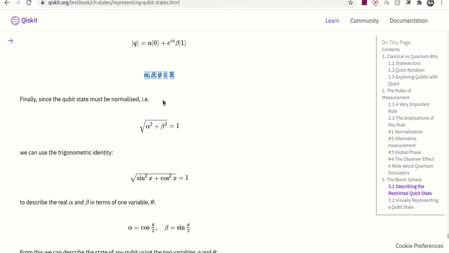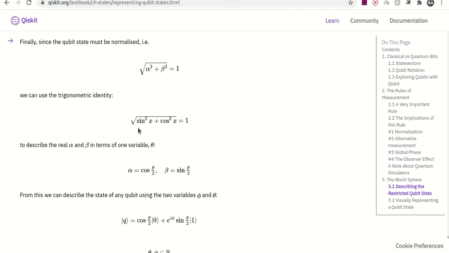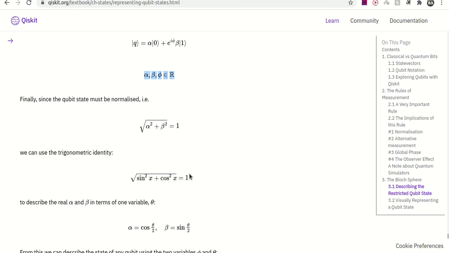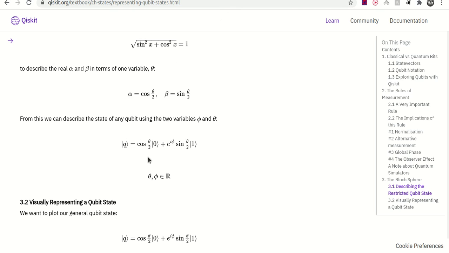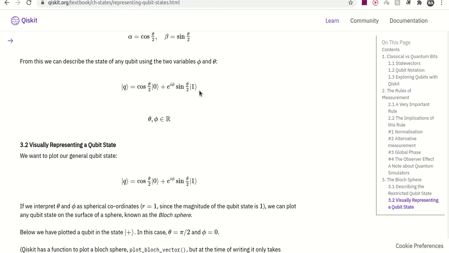Since the qubit state is normalized, alpha square plus beta square is 1, and we use the trigonometric identity sine square x plus cos square x equals 1. So alpha equals cos theta by 2 and beta equals sine theta by 2. Just do the mathematics, that will be fine. The qubit equals cos theta by 2 times 0, plus e to the i phi sine theta by 2 times 1, for theta and phi belonging to R.